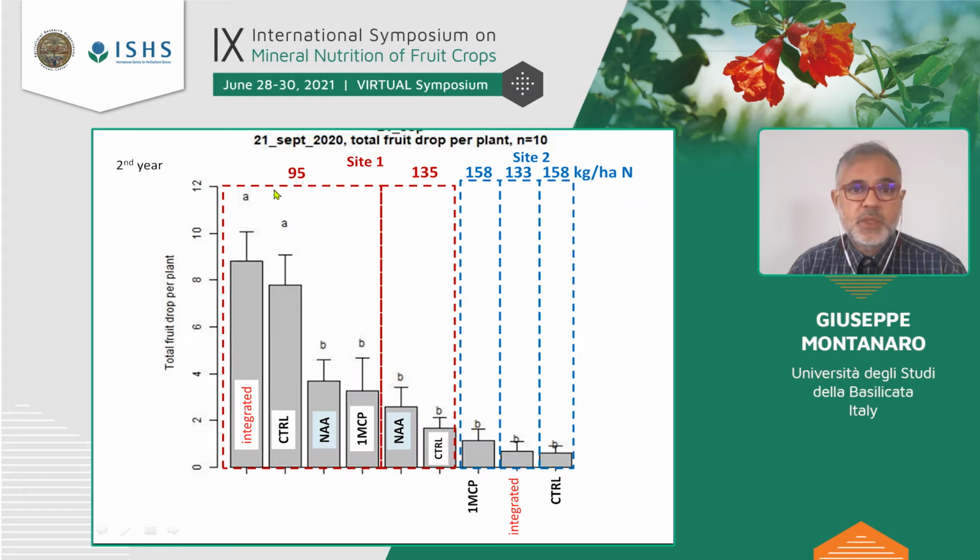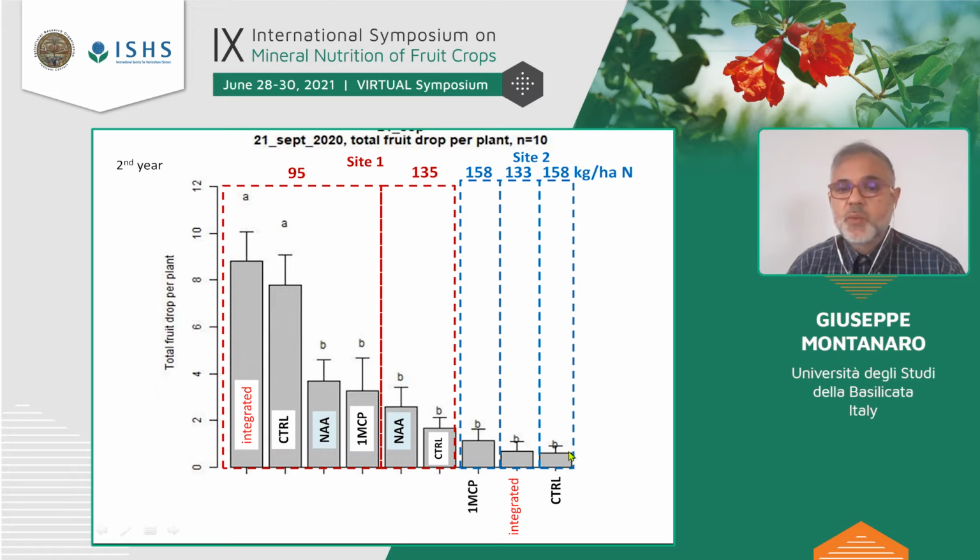And remaining within this block here, which is the minimum level of nitrogen at 95, you can see that when we add the synthetic auxin or the 1-MCP, you can reduce the fruit drop incidence from about 8% down to about 4%. And when the nitrogen is increased up to 135, you can see this column here reducing it down to about 2% within the same sites.